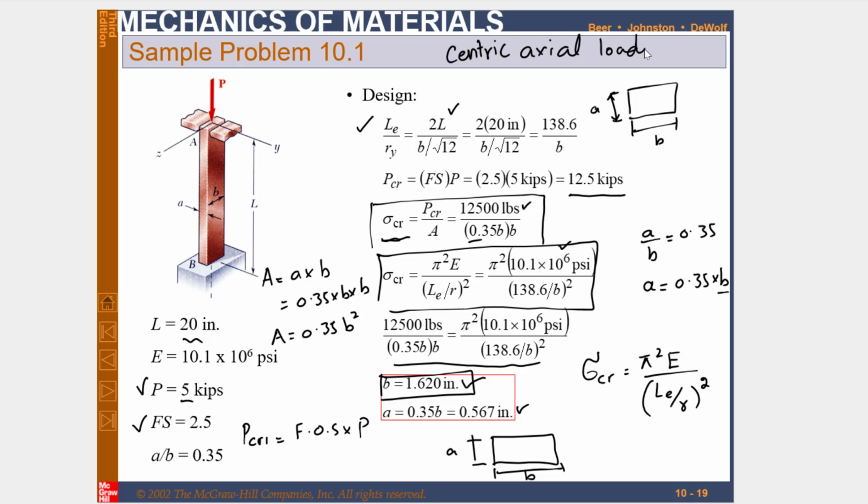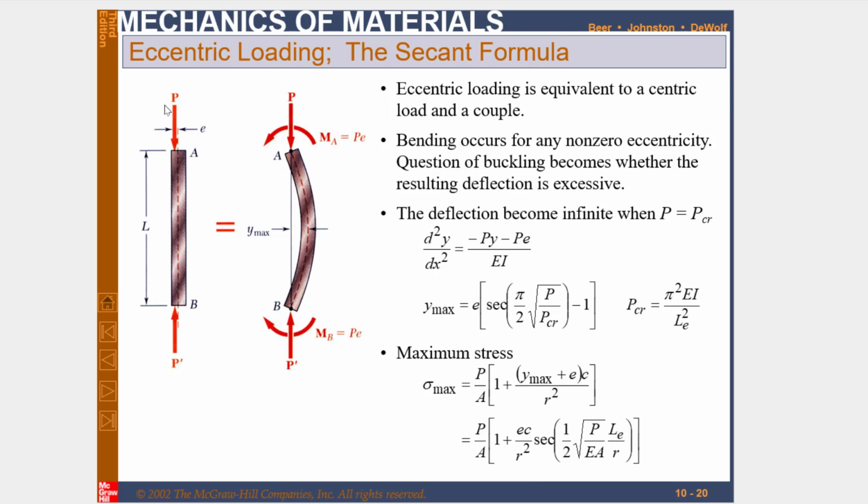In our next lecture we will discuss eccentric loading, when the load is not applied at the center or not passing through the central axis, clear? Instead, it is offset at a certain distance e, which is known as eccentric load. We will discuss that in our next lecture, which will be part 2 of this chapter number 10.